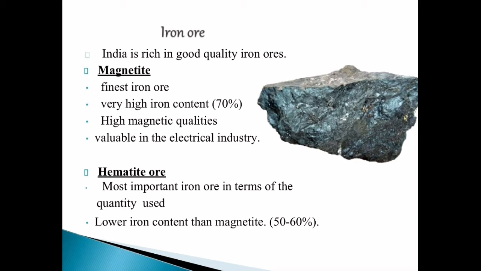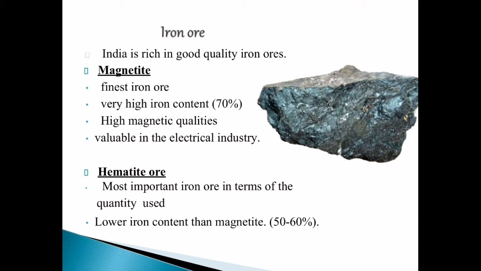So, iron ore is the basic mineral and backbone of industrial development. India has abundant magnetite ore. This magnetite is the finest iron ore with very high iron content of up to 70%. It has excellent magnetic qualities, especially valuable in the electrical industries.